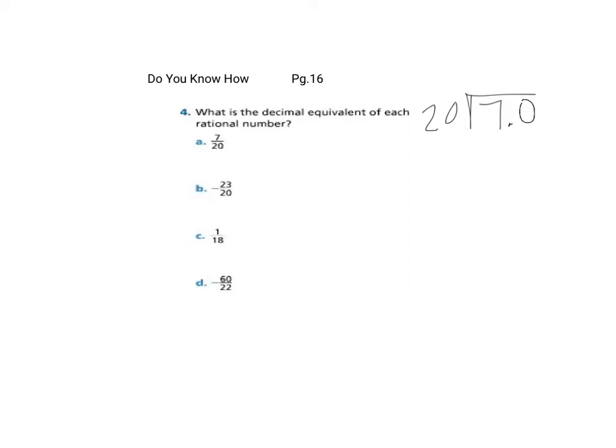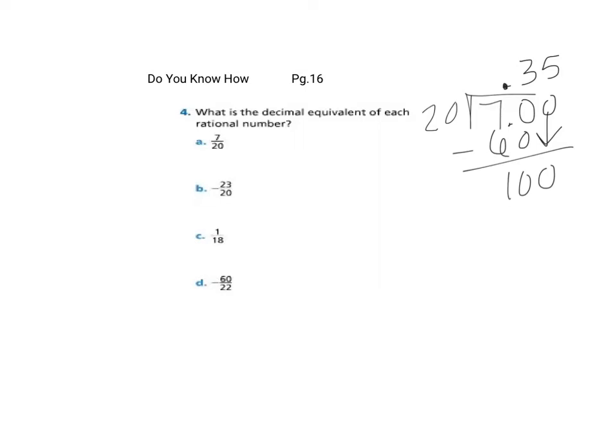Will 20 go into 70? Yes. But anytime we add a decimal within our division, we have to add it in our answer. So 20 will go into 70 3 times, giving us 60 with 10 left over. Okay, 20 won't go into 10, so we have to carry down a 0. 20 will go into 100 5 times. That is the same thing you get when you type 7 divided by 20 in your calculator.